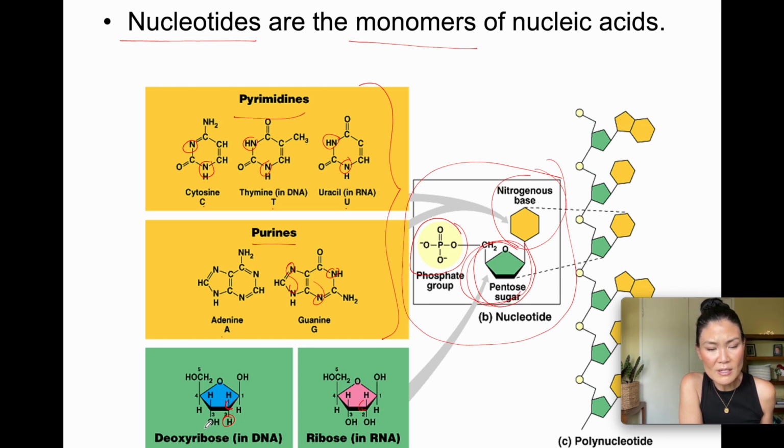So deoxy means missing oxygen, referring to carbon number 2 missing an oxygen, okay? And then the phosphate group, as you guys can see here, makes the DNA molecule negatively charged. There's a negative charge on the phosphate group, so DNA is negatively charged.